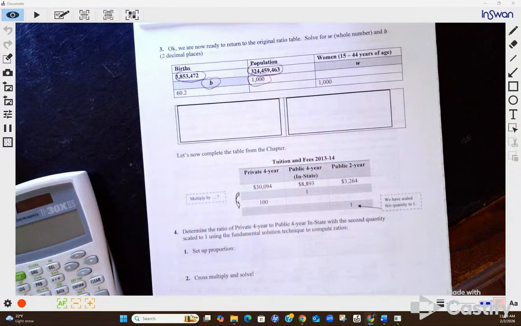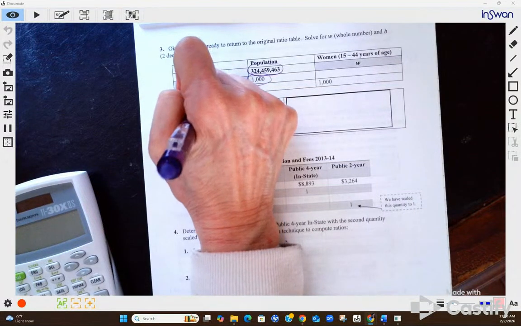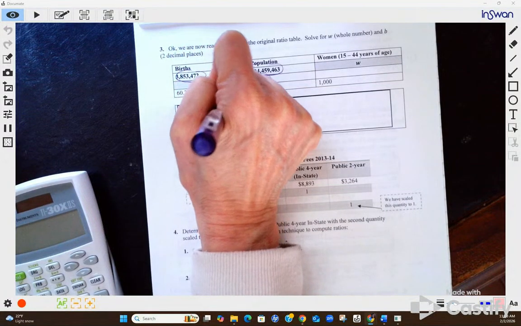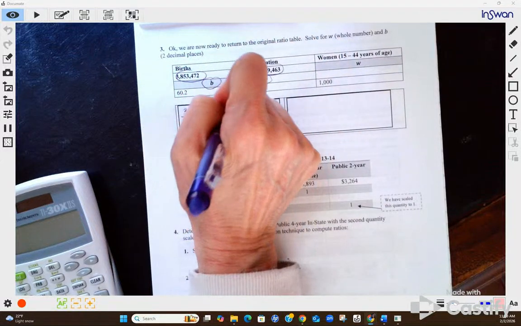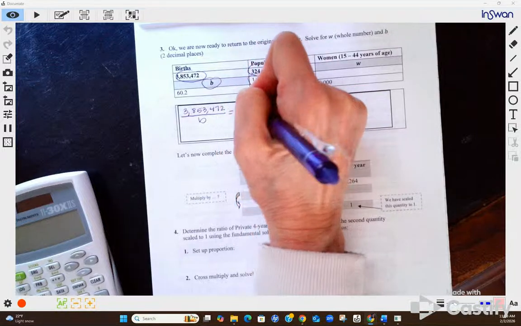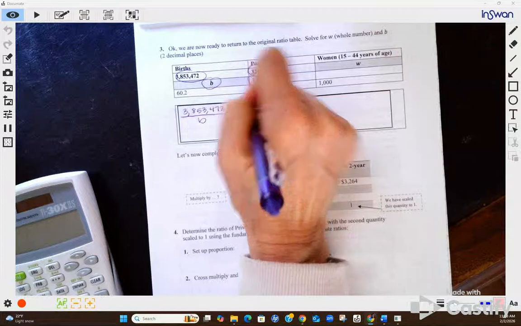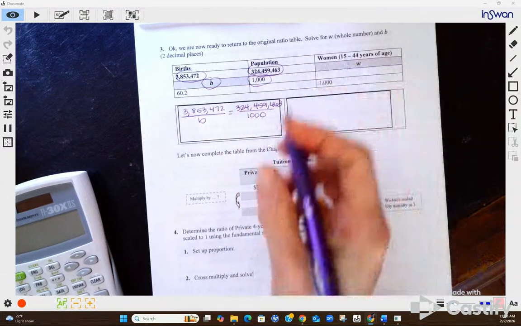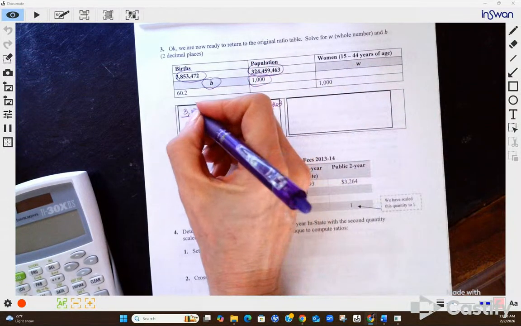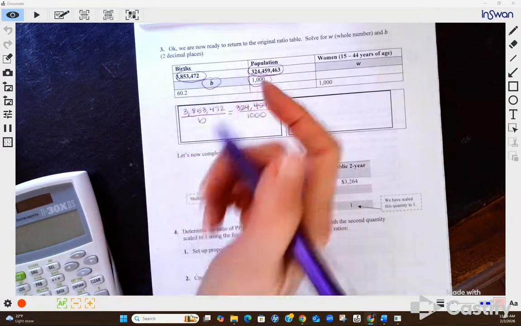It makes like a box. So we have 3,853,472 over B equals 324,459,463 over 1,000. And then you cross multiply, so this 3 million number times 1,000 just adds 3 zeros to this number.